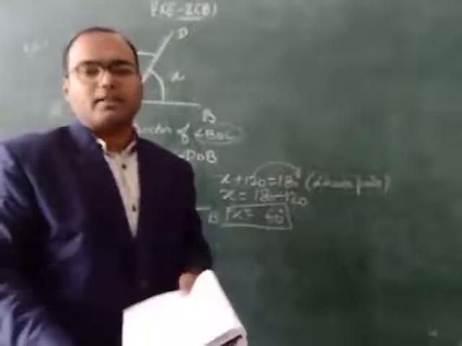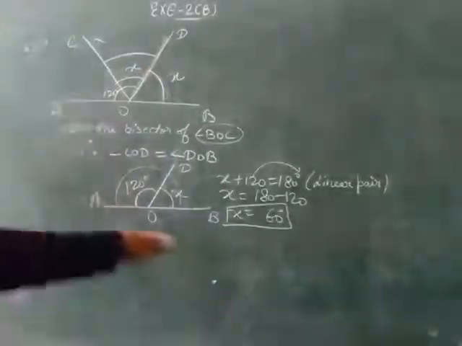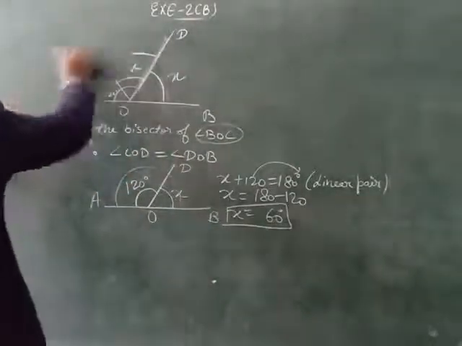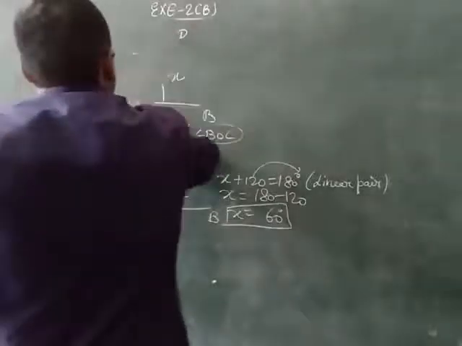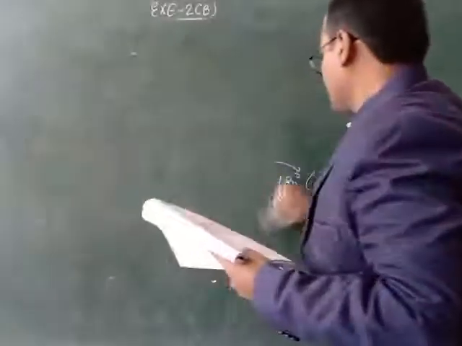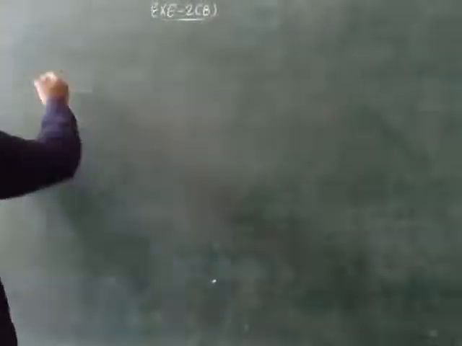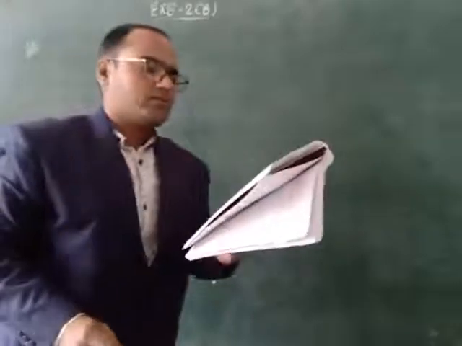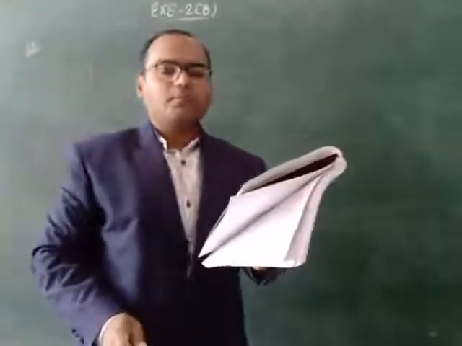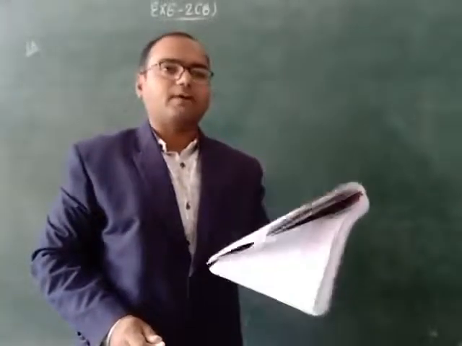Now see question number 10. P is a point on the line AB.